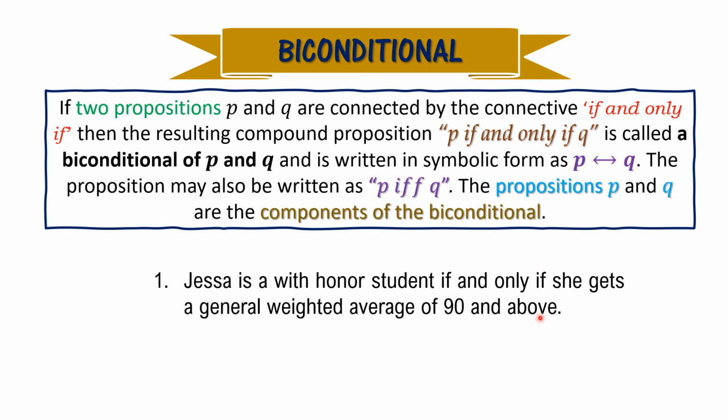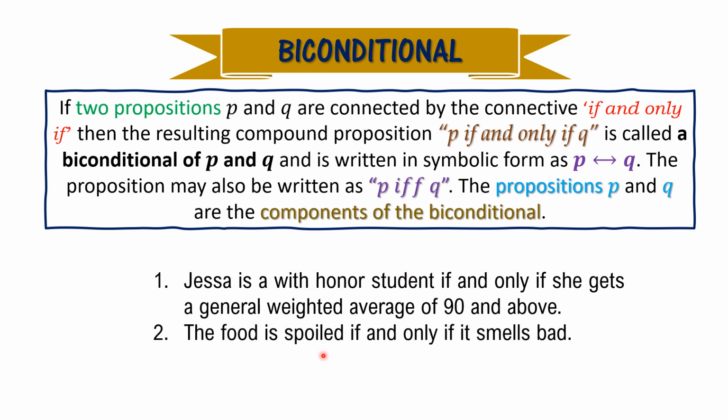There is only one condition, just one. Okay, next. The food is spoiled if and only if it smells bad. So the conclusion is that the food is spoiled, and the hypothesis is limited to this statement, that is, it smells bad.